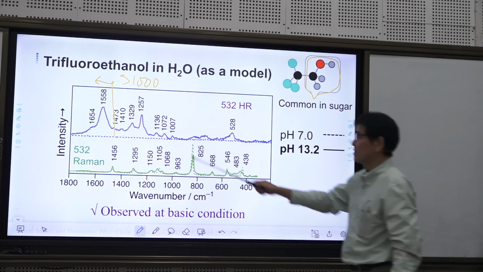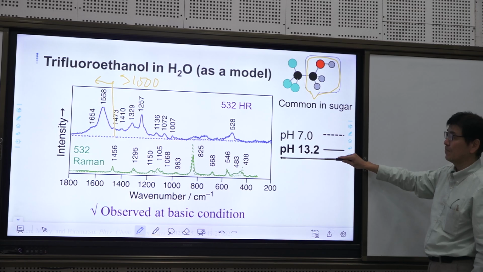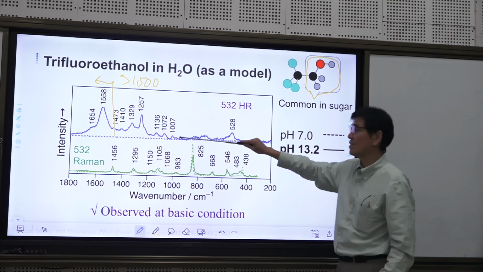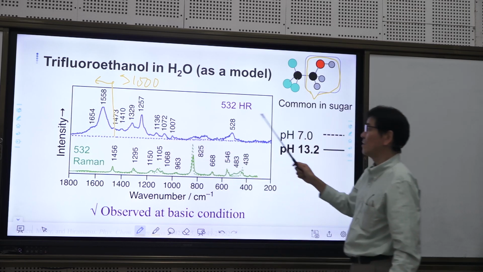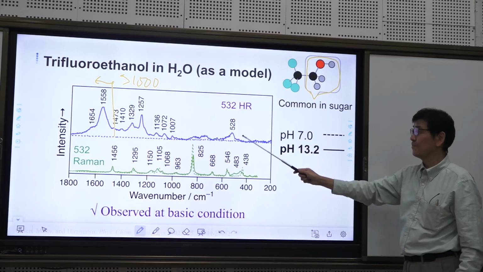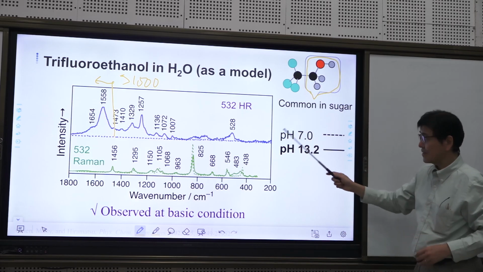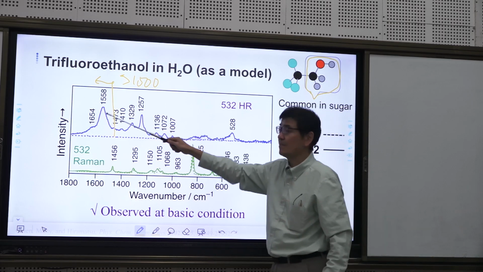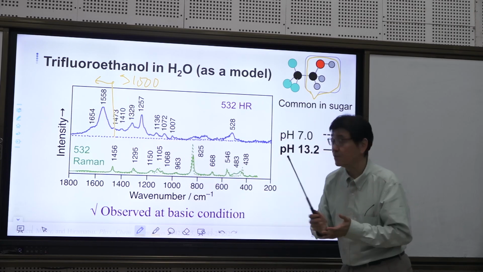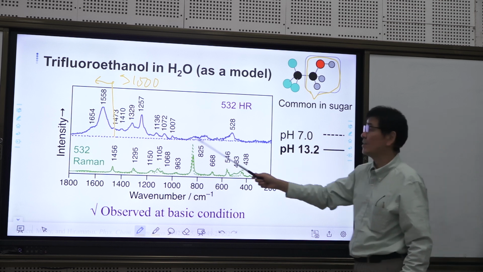But in this case, the signal appears at extremely basic pH. At neutral pH, the signal does not appear, and only at basic pH a similar signal appears. In PBS, the same signal appears, but to simplify the solution, we chose the basic condition to study this signal more.